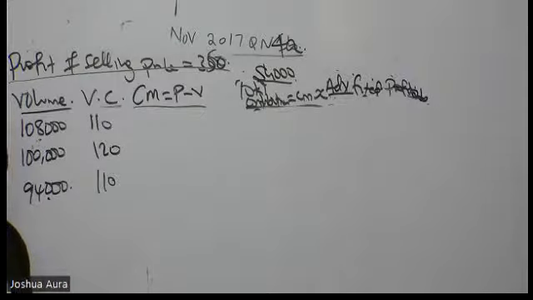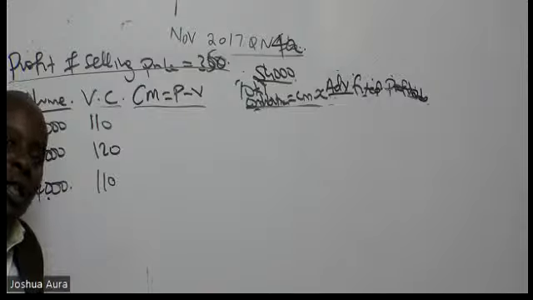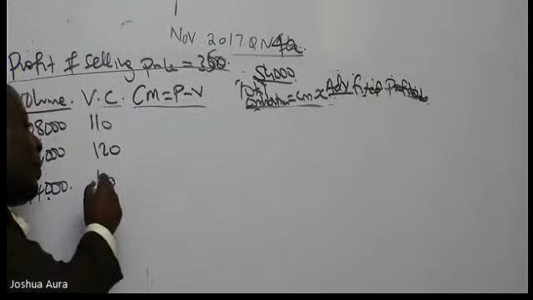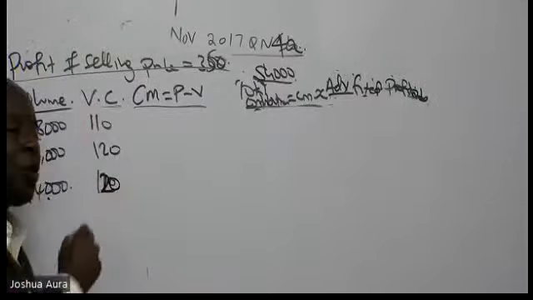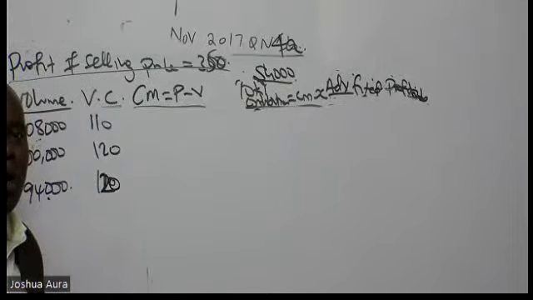You guys are very bright. It's less than 100,000 units, and anytime you produce less than 100,000 units, the variable cost will be 120. Thank you so much. You stood your ground.